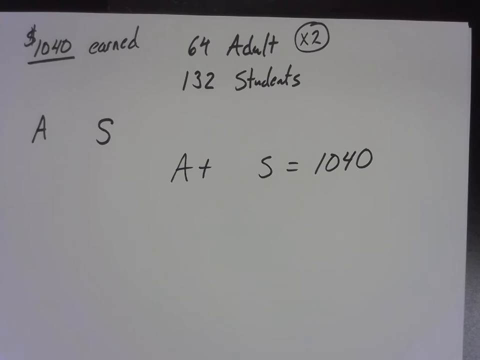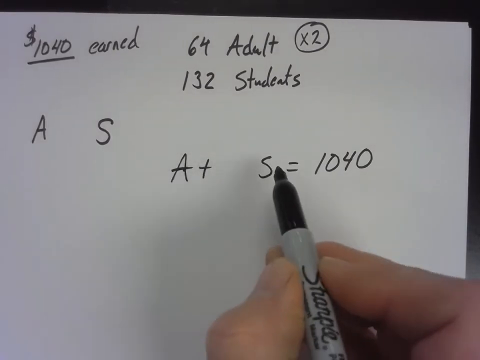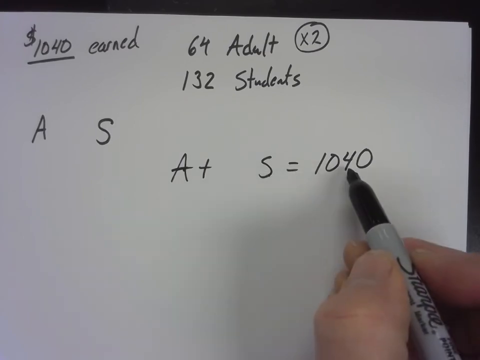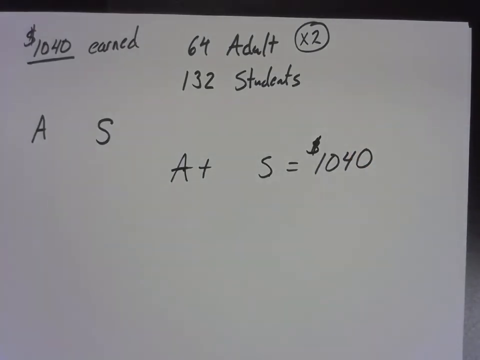Okay, so this is the price. So does the price of an adult ticket plus the price of a student ticket equal $1,040? One adult ticket plus one student ticket. Is that? No. I got a few head shakes. Probably not. That would be an expensive production, wouldn't it?